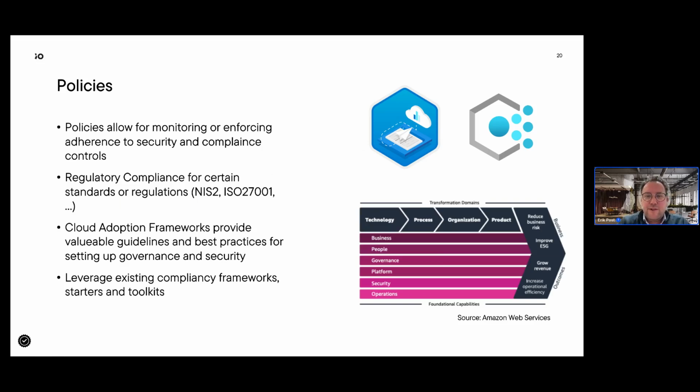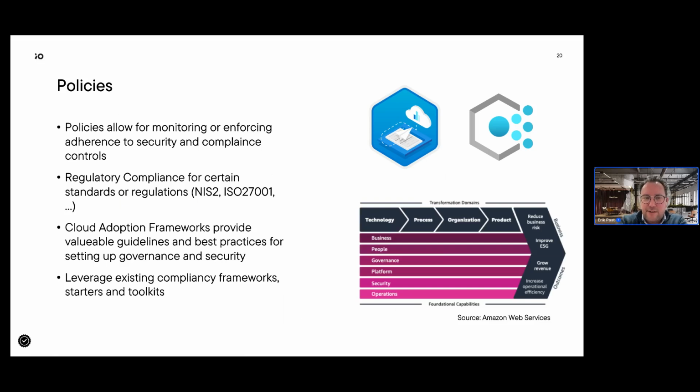They specify what needs to be done in order to implement those controls. But they also provide the tooling and the sources, so to say, to implement those policies. So that means that you don't have to do it all yourself. There's a lot of material that you can already use to set up your own policy framework and tailor it to your own needs.